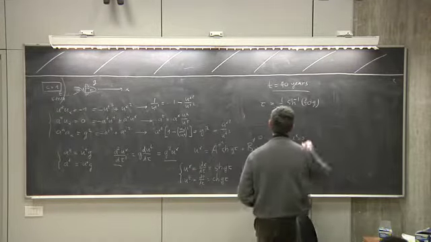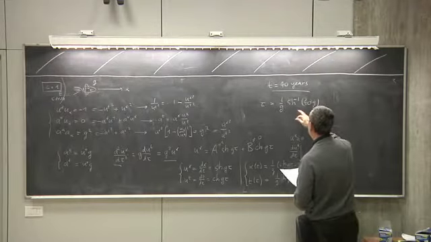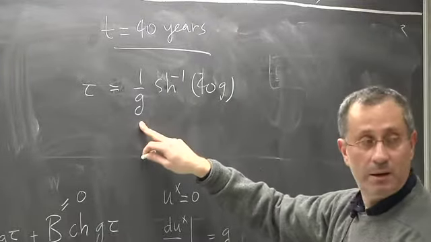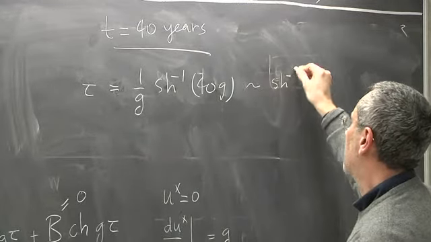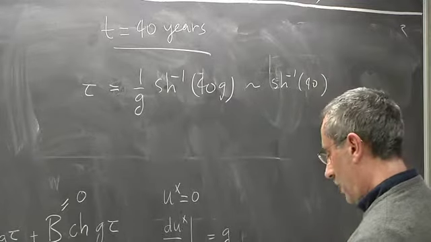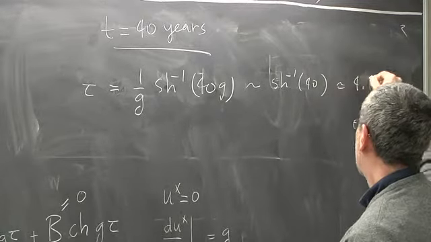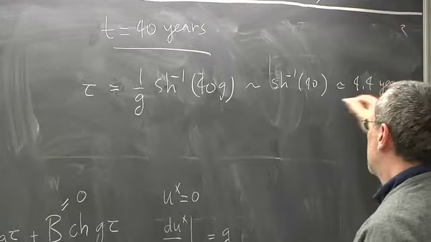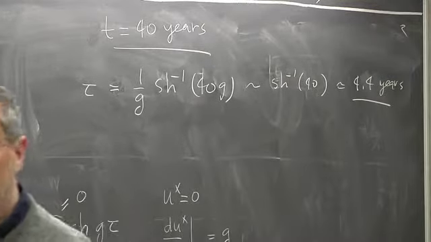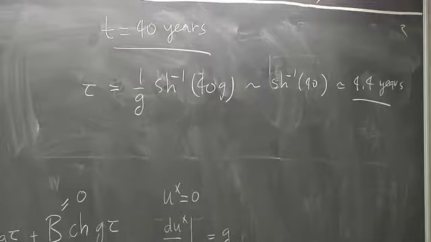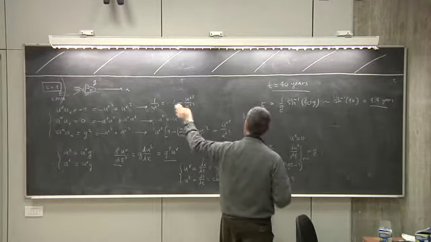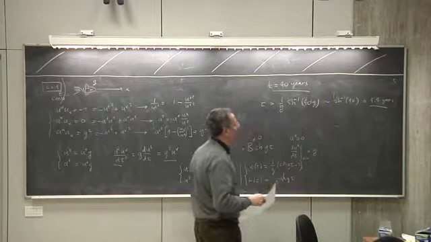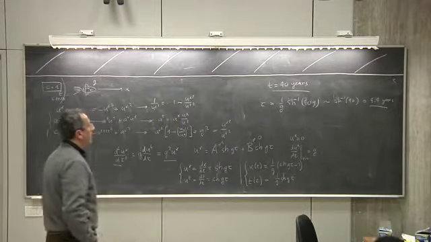It's about 1 year. So you can essentially put 1 here in these units. And therefore the inverse hyperbolic sine of 40 is roughly 4.4 years. If you take the inverse hyperbolic function of 40, you get 4.5. So you see, the proper time on the spaceship is just 4 years and a half.